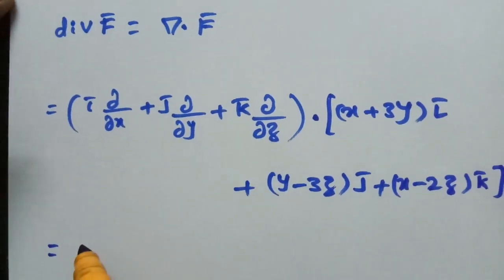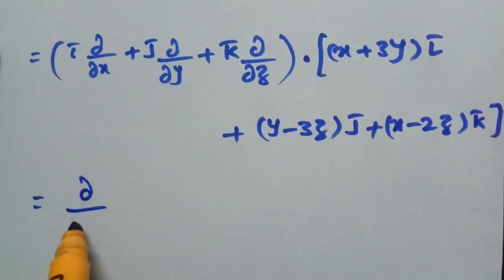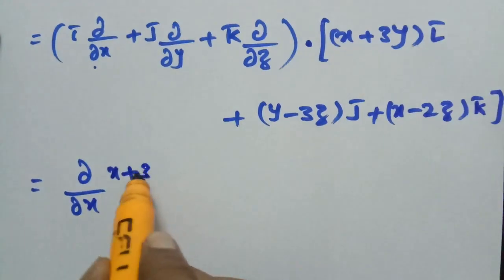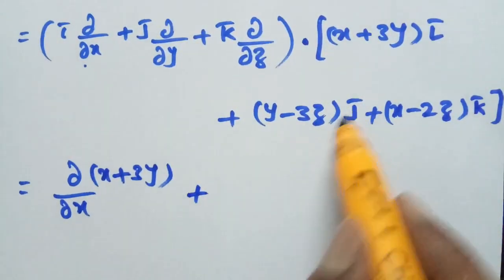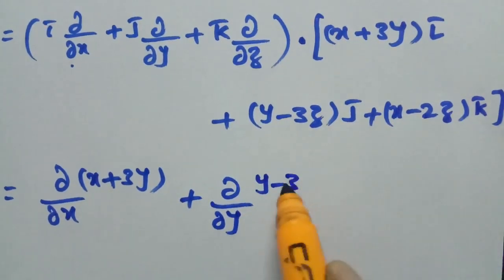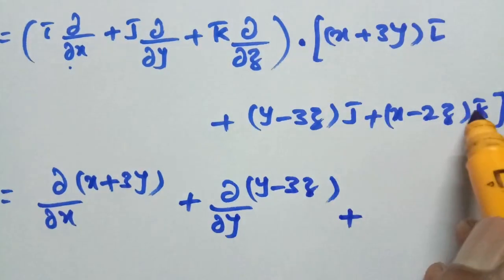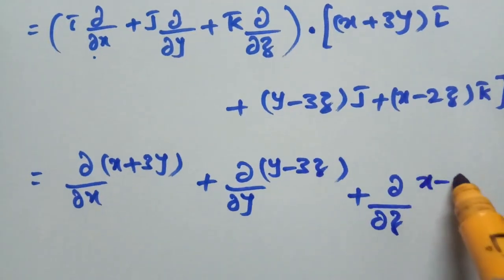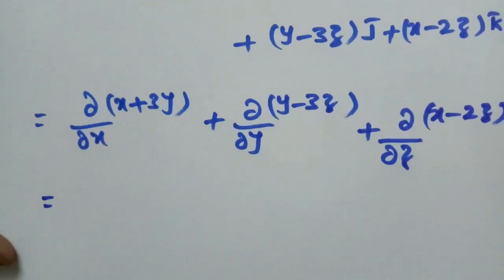Therefore, since i bar dot i bar is equal to 1, this is dou by dou x of i bar component x plus 3y, plus, since j bar dot j bar is equal to 1, dou by dou y of j bar component, plus, since k bar dot k bar is equal to 1, dou by dou z of x minus 2z.